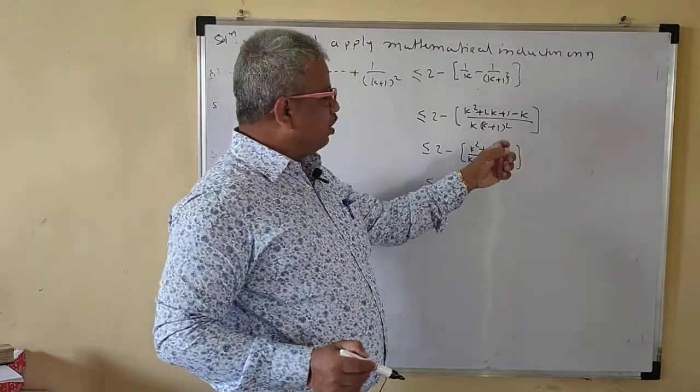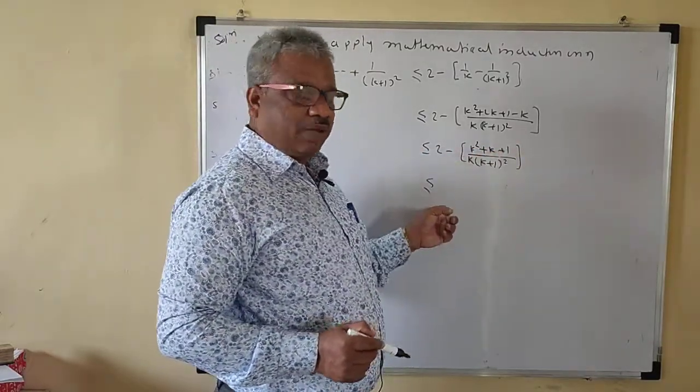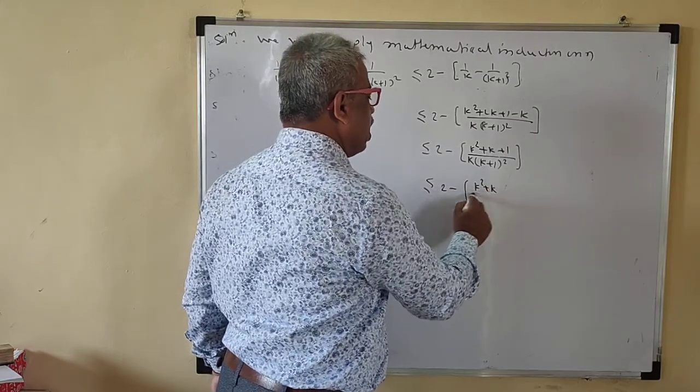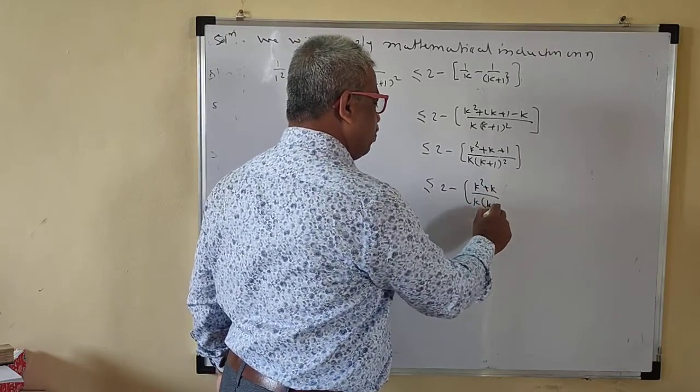You can remove this 1 because of the inequality. So I can write k² + k over k(k+1)².